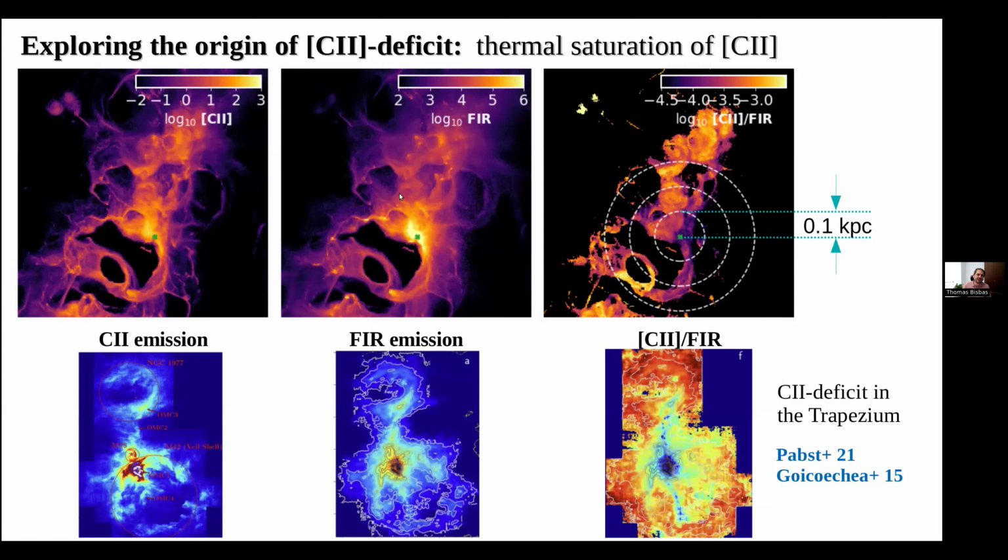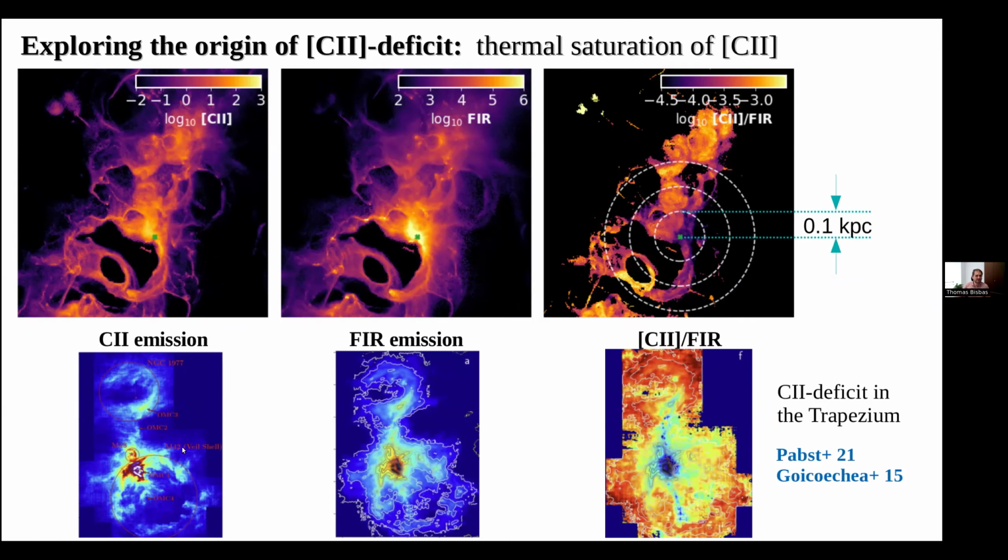The middle one is the FIR. And if we divide those two maps, so we will go to the C+ over FIR, then we will see that in the place where the massive star cluster sits, we get a low ratio of C+ over FIR. So in this part, the C+ is deficit. So we have a C+ deficit ISM.